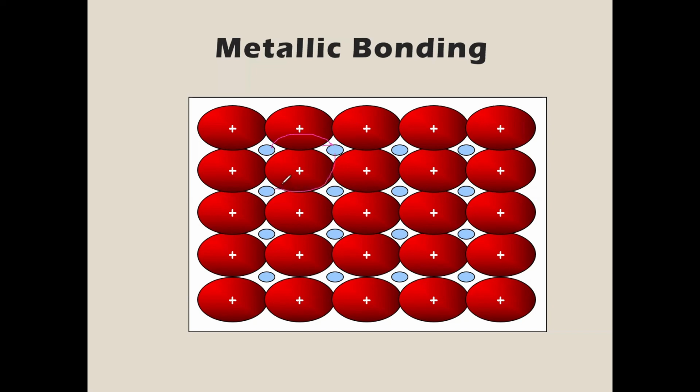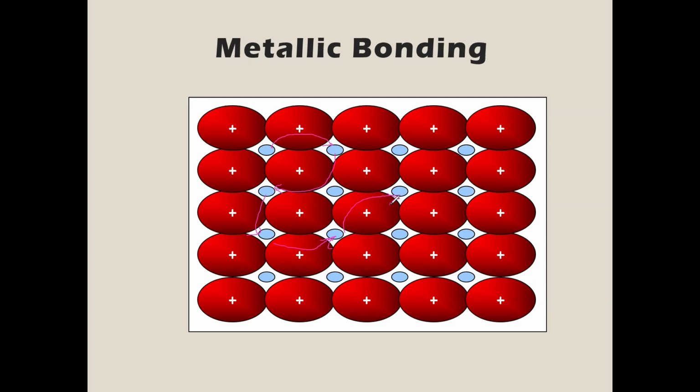So they are moving from one place to another all the time, forming a sea of delocalized electrons. The term sea is used because they are moving and floating like waves, moving all the time between the charged atoms of the metal.